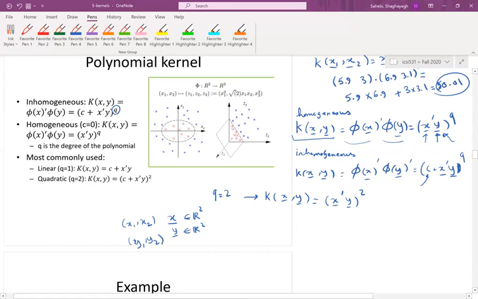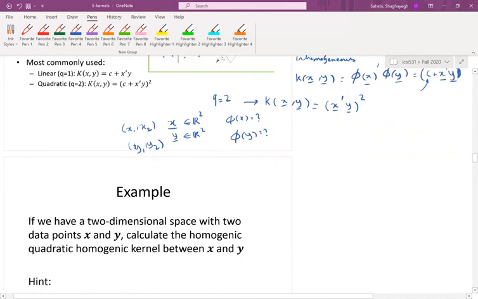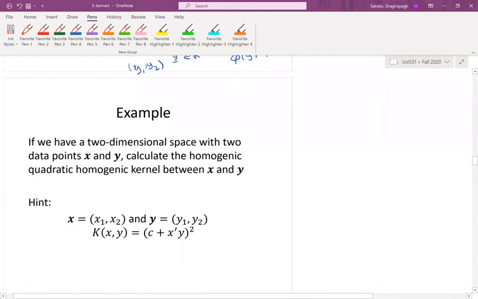Can we actually get to what is the phi of X and what is the phi of Y that can generate our polynomial kernel here? So let's see an example.